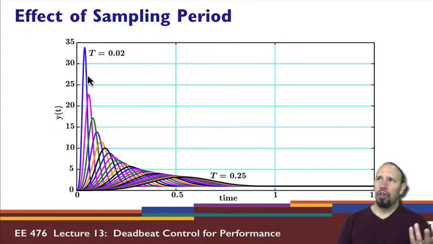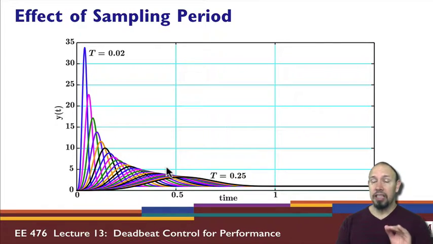Notice that for each sampling period we get a new discrete time model, using the H transform, and based on that model, which has the same number of poles as the one at 0.1, these are the responses we get. Notice that as the sampling period gets smaller, the overshoot gets larger, and at 0.01 it's like 70.